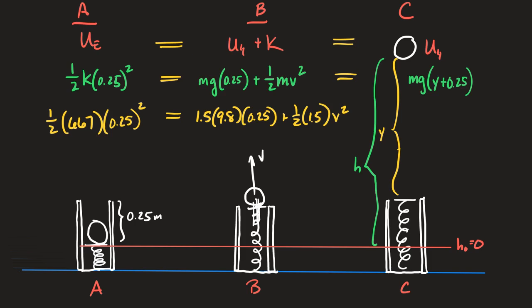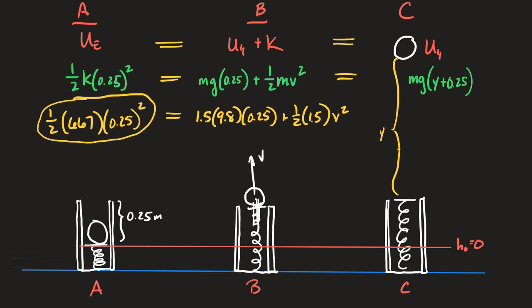Now, they also wanted how high it went above the launcher. Look, you could do it independently. This is the amount of energy in the system. So I don't have to find the velocity to figure out how high it went.